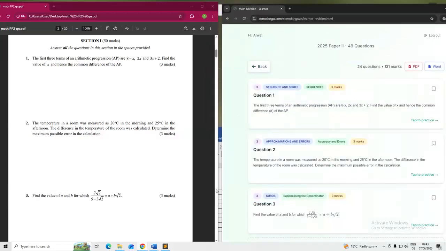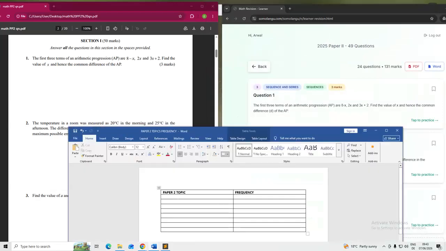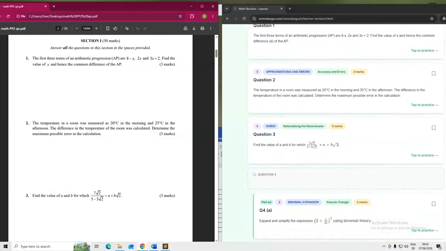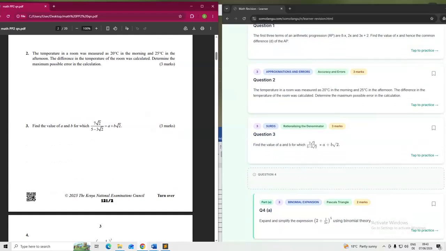Okay, so I do have a table here. We have seen sequences and series. It's been tested once so far in the first question. We go to the next question, question number 2. As you can see, this question tests approximations and errors, and more specifically, accuracy and errors.